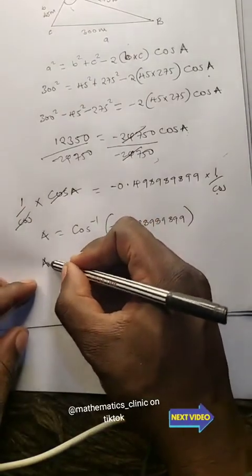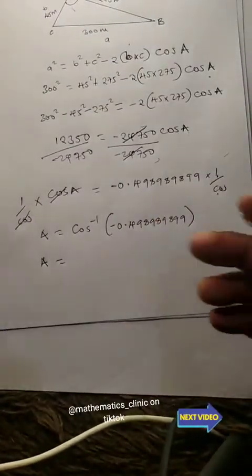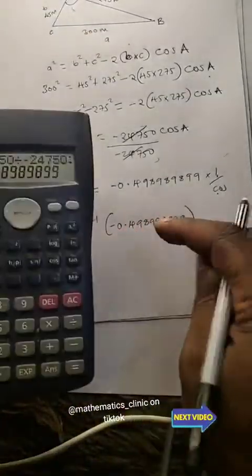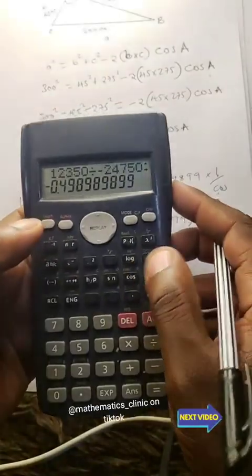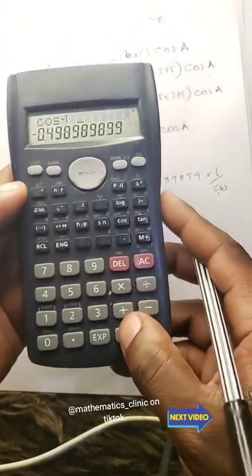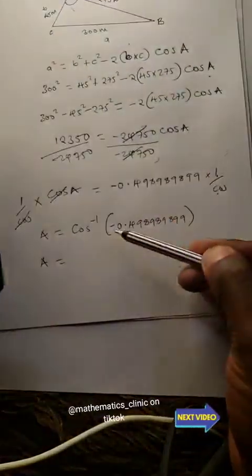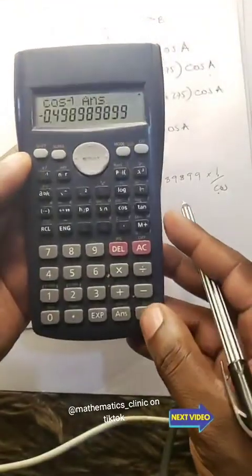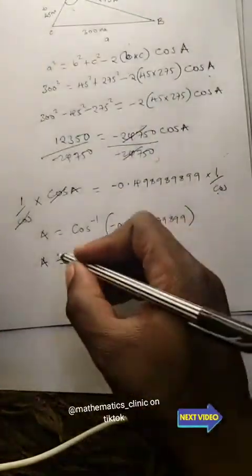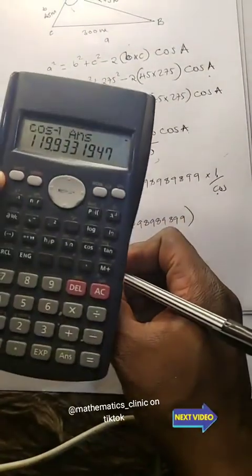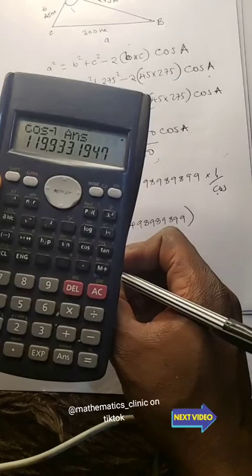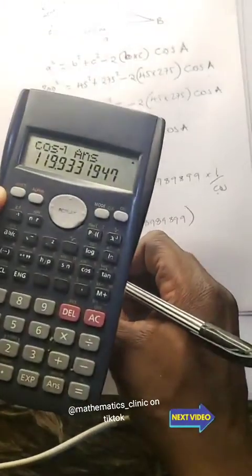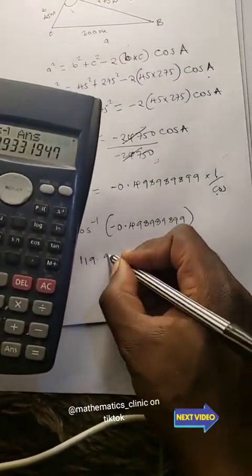In my calculator I simply say shift cos, then answer, then equals. So my angle now is 119.9331947, which in 1 dp is 119.9 degrees.